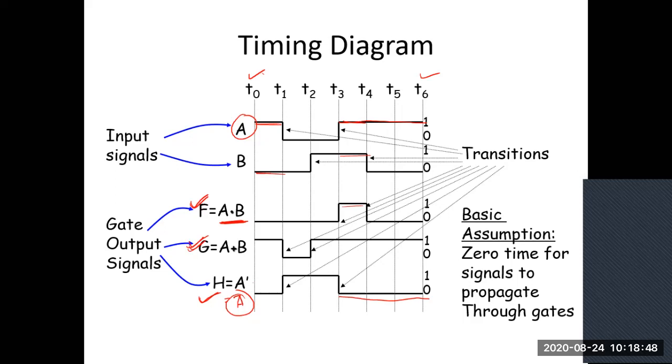For T1 to T2, 0 plus 0 is 0. 0 plus 1 is 1. 1 plus 1 is 1. 1 plus 0 is 1. 1 plus 0 is 1. So in this way, we have seen the timing diagram of AND gate, OR gate, and NOT gate.